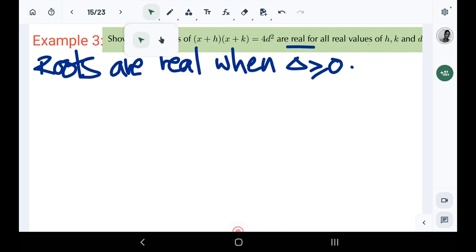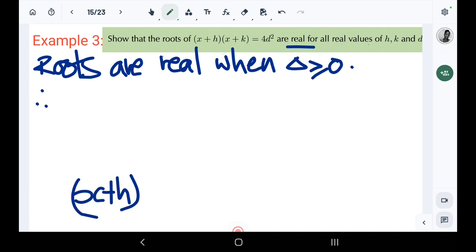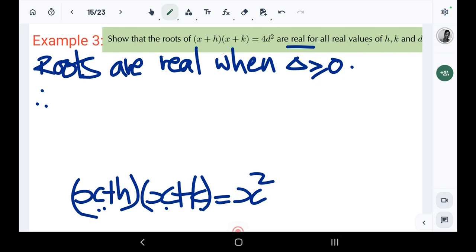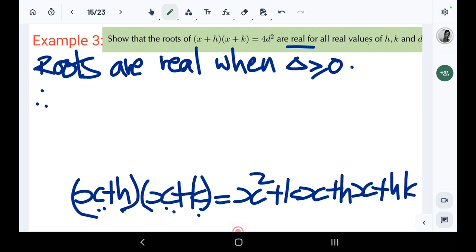Now, before we figure out what the discriminant in this case is, let's rearrange this equation in standard format. So x plus h times x plus k will be equal to x times x, that's x squared, x times k, that is kx, h times x, that is hx, plus h times k, that is hk.